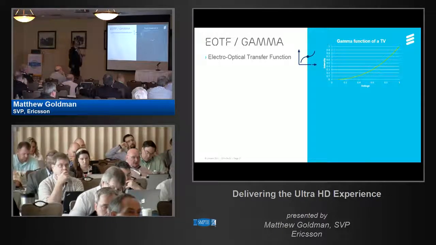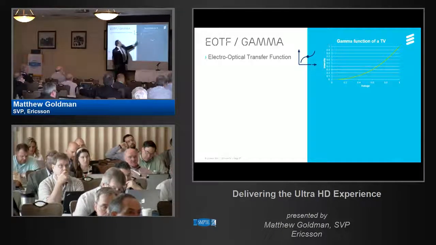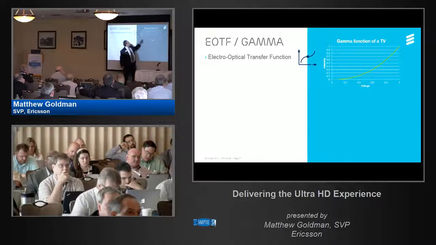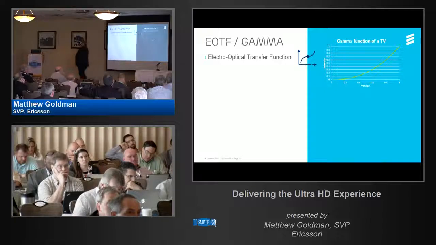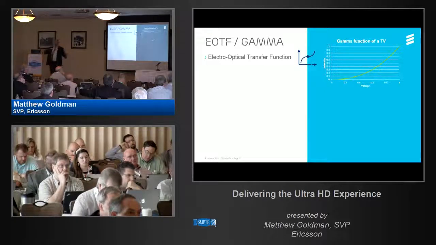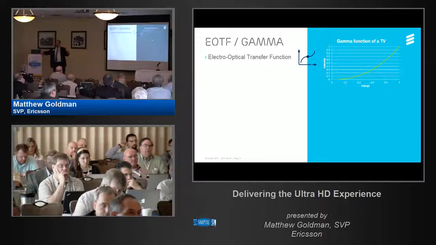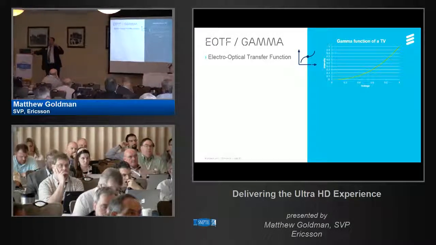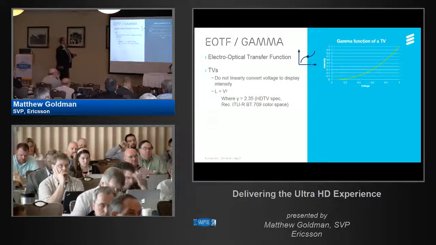What this means is, as the voltage goes up, the brightness is not linear. If it was linear, it would go like that, right? Very important. So it just happens to be by coincidence that the EOTF of a cathode ray tube very closely matches the EOTF of the human eye. I swear to God, it's just a coincidence they found this out.